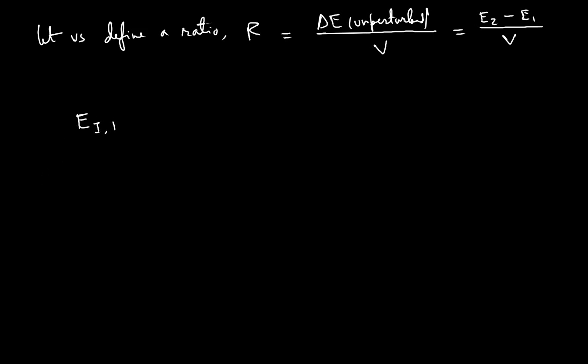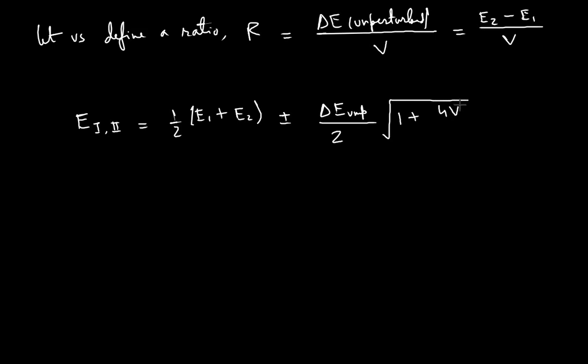We can write it as half of E1 plus E2, plus minus delta E unperturbed, that means E2 minus E1, divided by 2 and multiplied by the square root of 1 plus 4 V square divided by delta E unperturbed whole square, right?